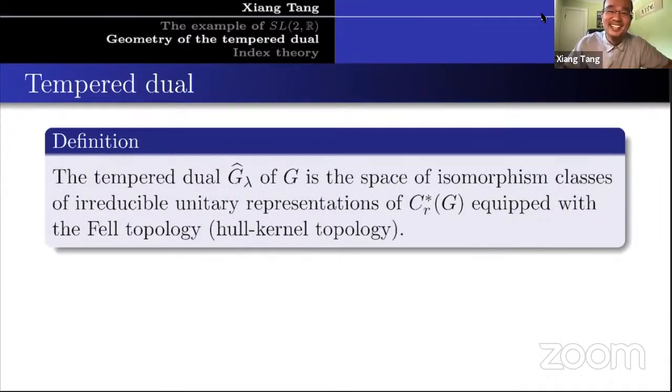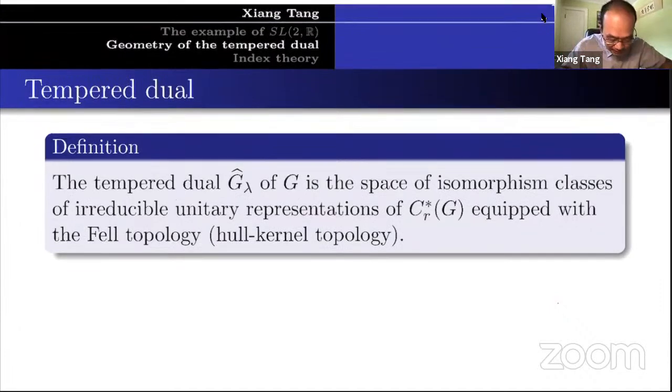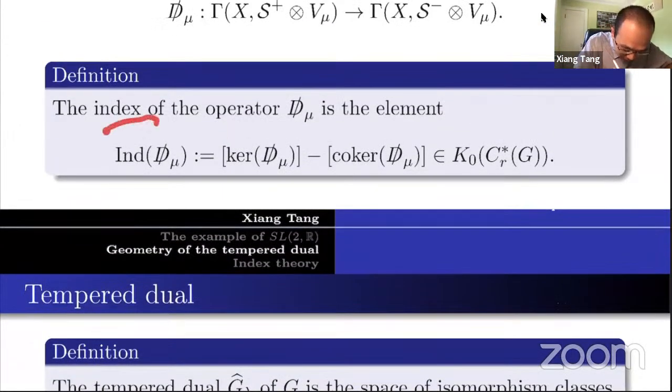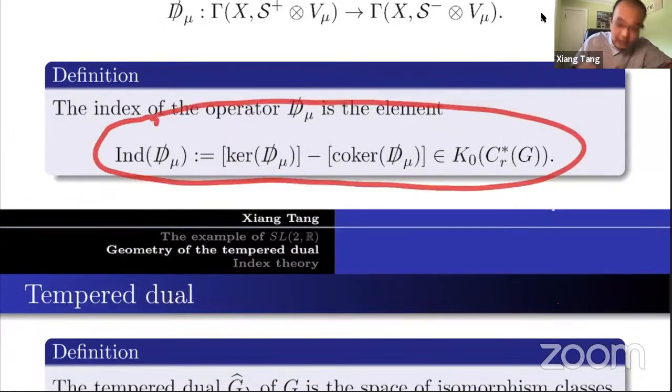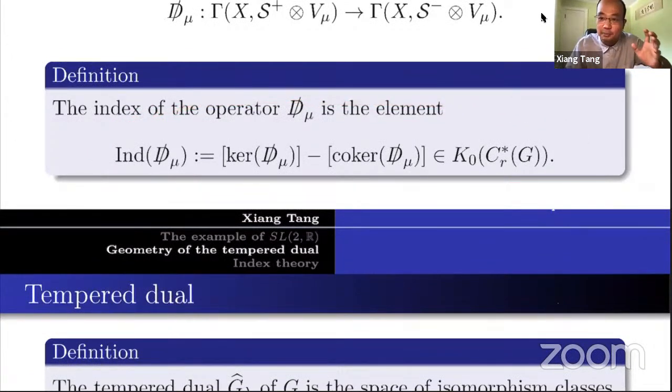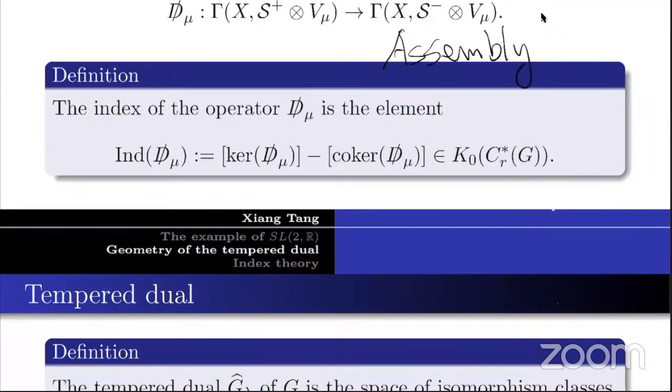Right, you are right. The right terminology in noncommutative geometry, as Richard pointed out, is the assembly map for the Baum-Connes, Kasparov isomorphism.